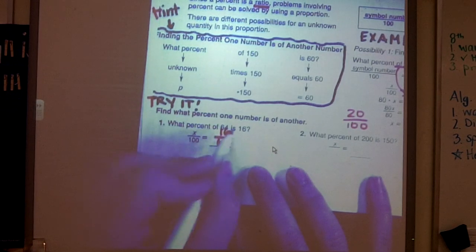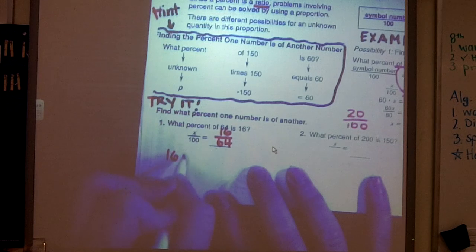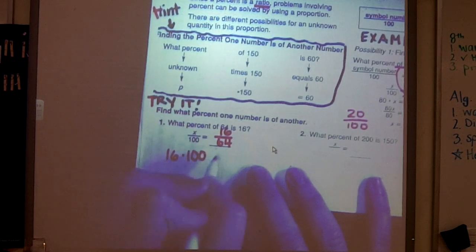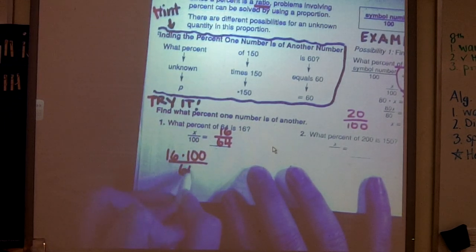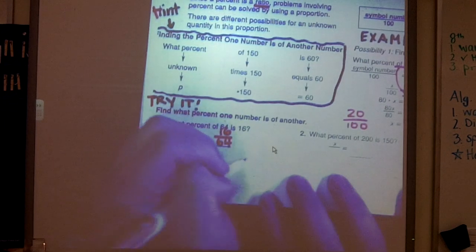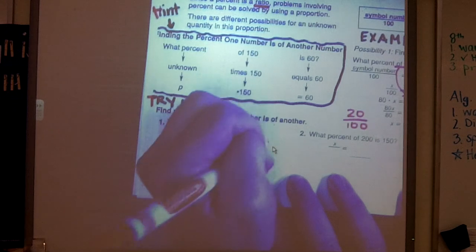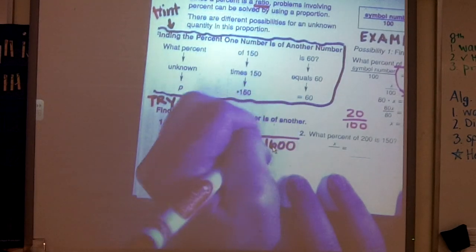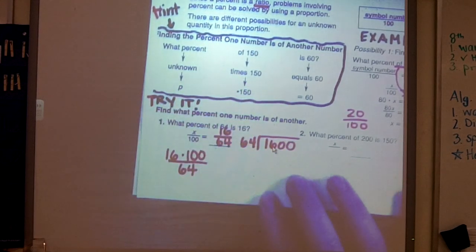So I cross multiply 16 times 100 and then divide by 64. So I have 1600 divided by 64.